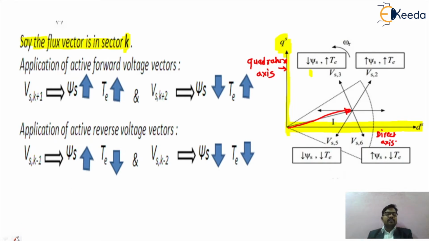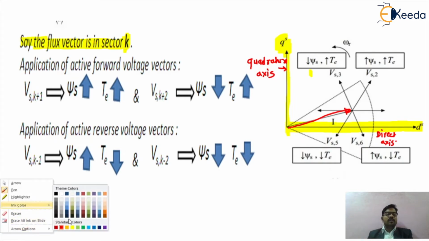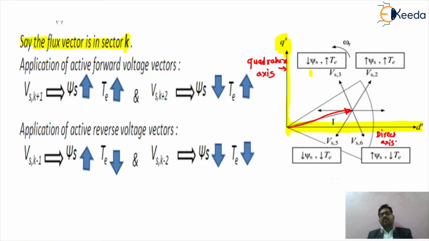Now I can show the value of your voltage with the help of a different color. I can show the stator voltage vector by means of this, with Vs. So we can get this term. Now we can change the value of Vs. This will be the first position of your Vs, this the second position, the third, the fourth, the fifth, and this the sixth position.